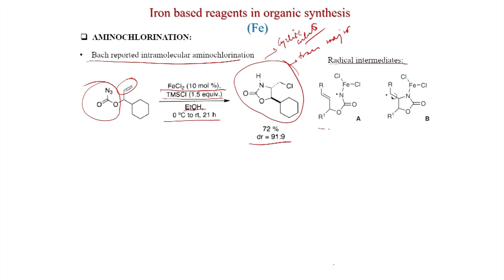Most likely the mechanism follows radical intermediates. So, first radical A will form from this azide and ferrous chloride. There is a radical on nitrogen which is connected to iron. Now, this radical of course will add to this double bond, because a 5-member ring will form, and after the 5-member ring formation you get this radical B, with a radical at this carbon which is connected to R. This was published in Synthesis 2006.